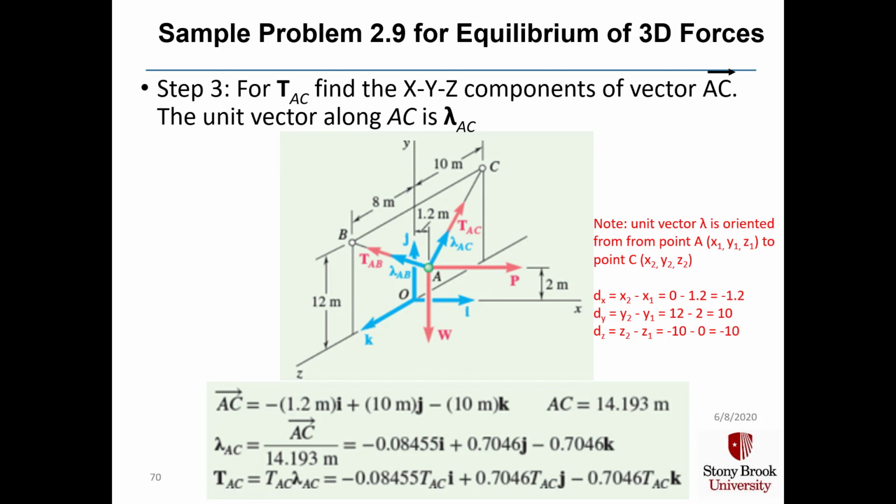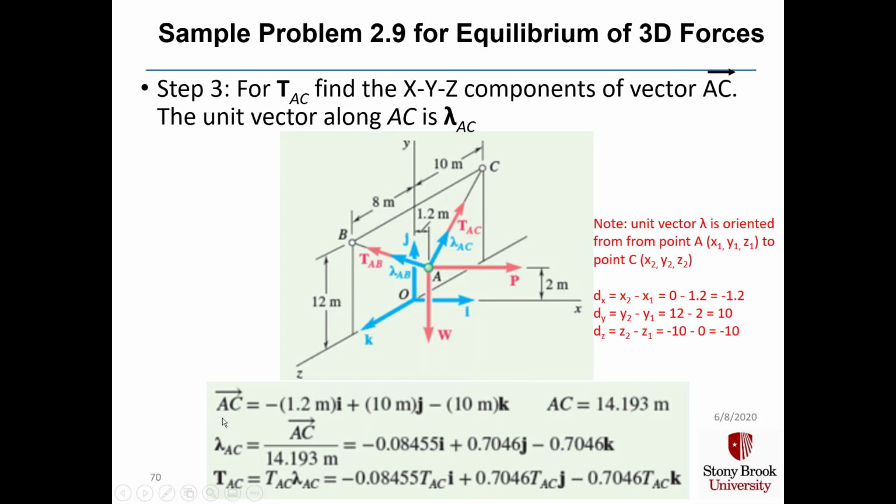Therefore, dx equals 0, which is the x value of C, minus 1.2, which is the x value of A, and that equals minus 1.2. dy equals y2, which equals 12 for the y value of point C, minus 2, which is the y value at point A, 12 minus 2, that equals 10. And dz equals z2 minus z1, which is minus 10, because the z-axis where C is in the negative region, minus 0 equals minus 10.